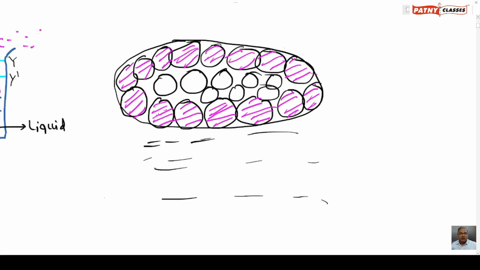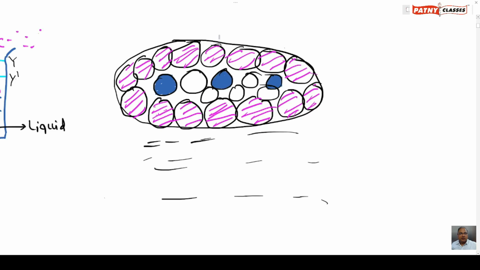Now there are some other molecules, like this molecule, which is a little closer to the molecules touching the walls of the container. Even this molecule is a little closer to molecules touching the walls of the container. So even this one is touching the walls of the container. Like this, there are two groups.